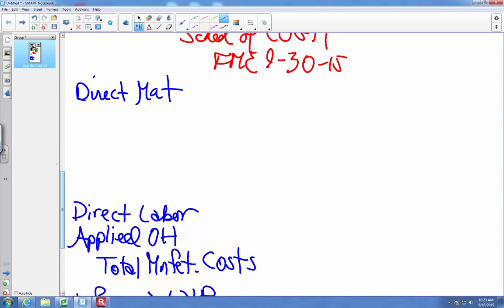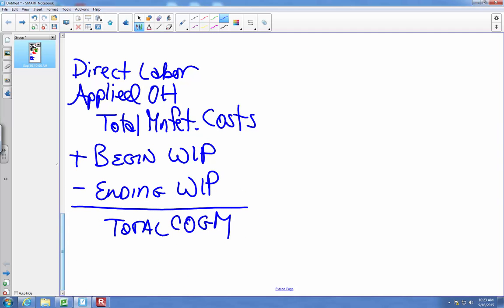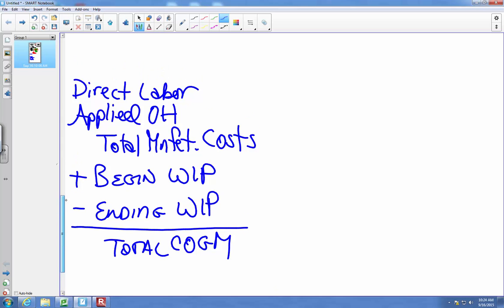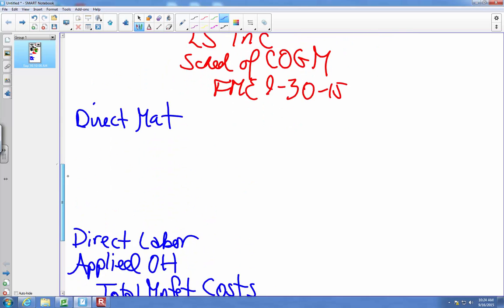The only thing we have to do now, did everybody get that? Is fill in the direct materials. And this is pretty straightforward. There's just one little quirk, so stick with me here.